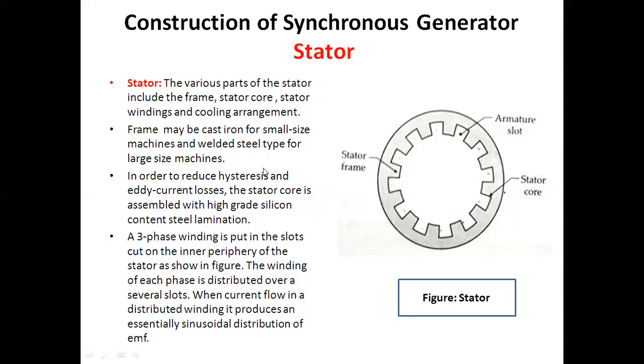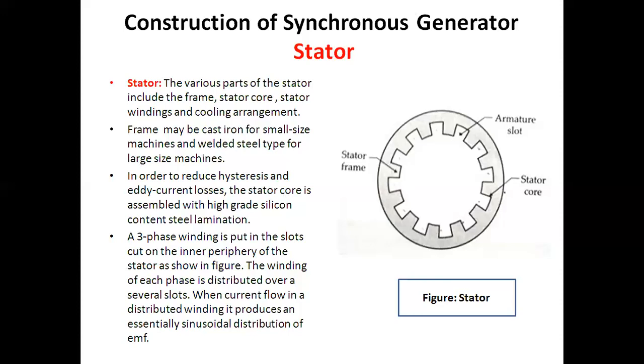The stator frame may be cast iron for small size machines and welded steel type for large size machines. In order to reduce hysteresis and eddy current losses, the stator core is assembled with high-grade silicon content steel lamination.